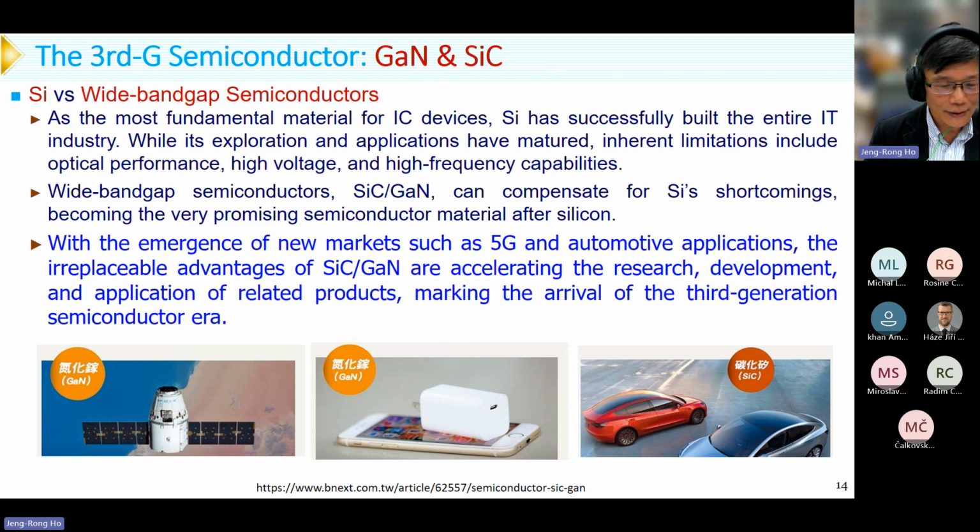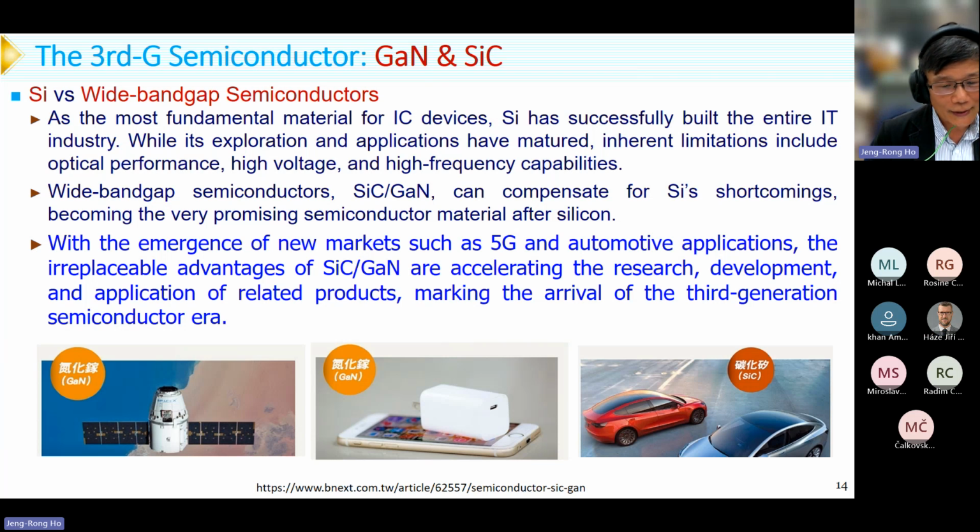However, its limitation is also very obvious, because in high voltage or high frequency applications, silicon-based semiconductor materials already show problems.